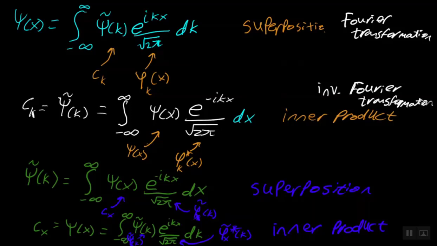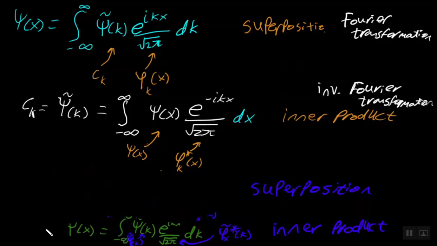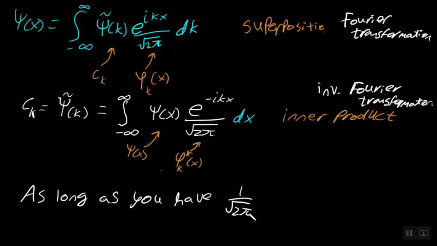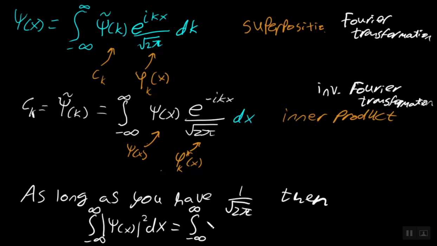And it turns out, interestingly, that as long as you have 1 over root 2 pi, you can actually show that the integral from negative infinity to infinity of the norm squared of psi of x dx is equal to the integral from negative infinity to infinity of the norm squared of psi tilde of k dk.